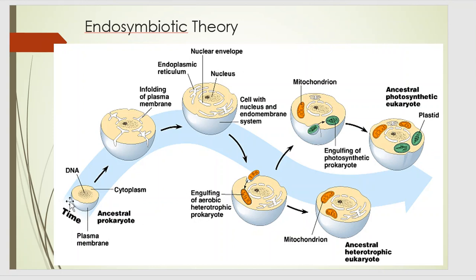So this shows that new eukaryotes evolved by engulfing. Endo means inside, symbiotic means both are benefited. So they engulf, or eat, inside, and then they are living together. So that's how we got the modern eukaryotes.